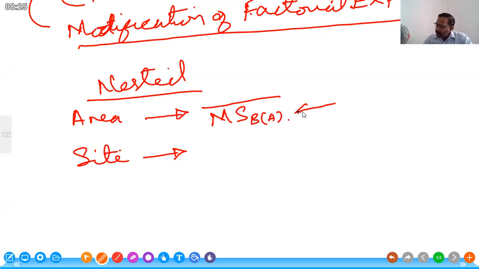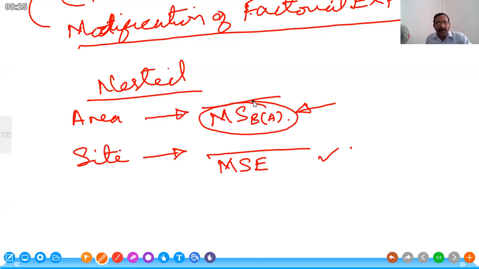So this is not the real error term. It is an adjusted error term. In the second case, we divided by mean square error. So even the comparison of these two is different. We didn't look at the effect of area and site in the same manner.